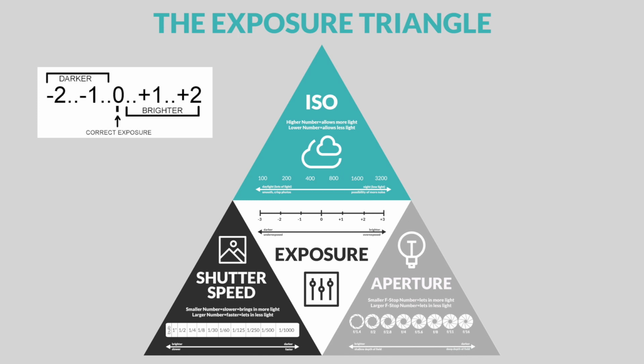Now, this also holds true if the white wall was a black wall. So if it was a solid black colour, when the camera looked at it at our original settings at 1/250th of a second, it would actually read as being a correct exposure, but looking through the camera viewfinder, it would look very overexposed.